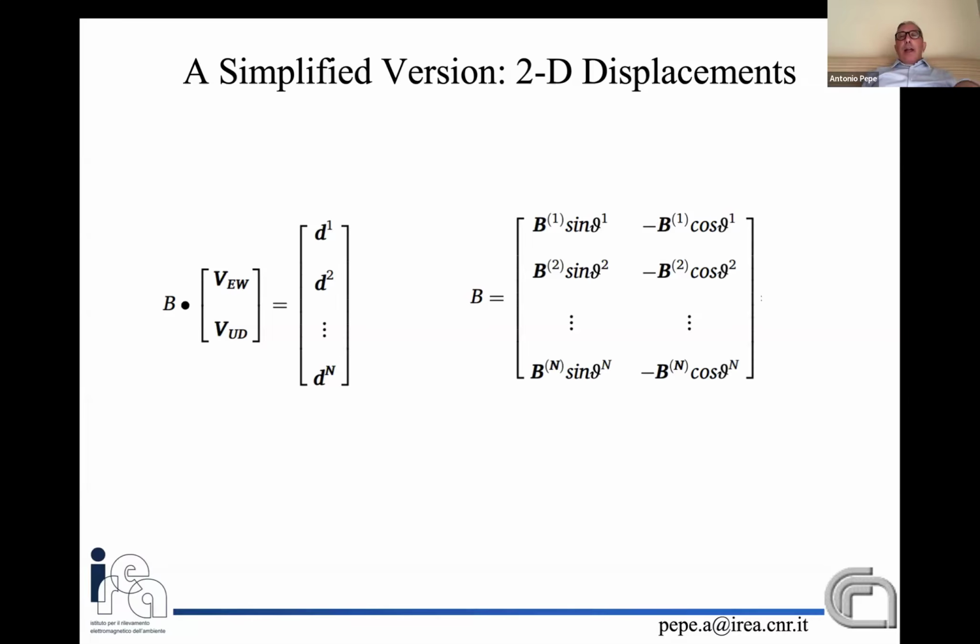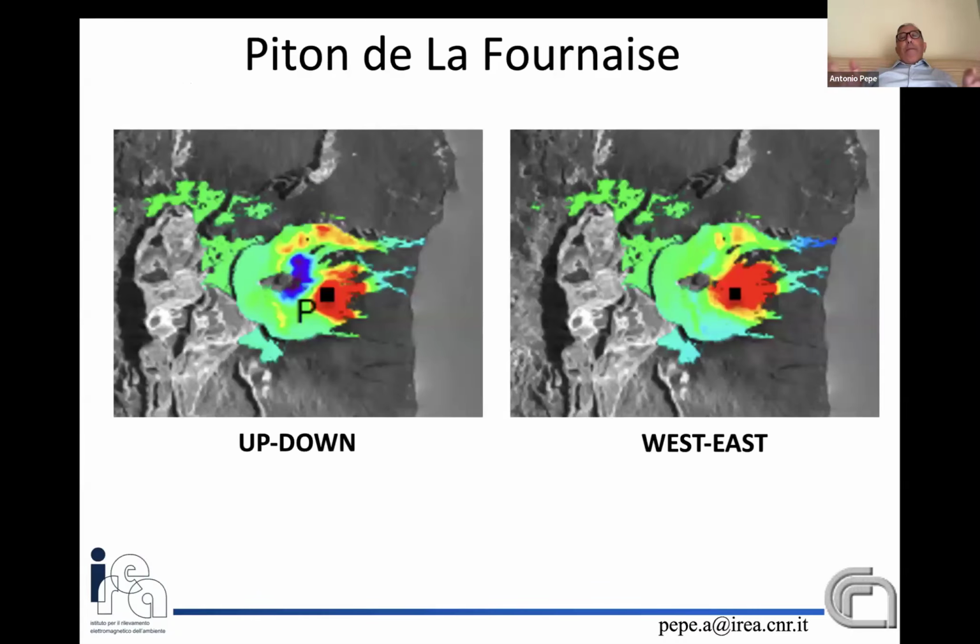People more interested in the mathematics behind this can then ask me or maybe send me emails, and I can explain the mathematical framework in more detail.